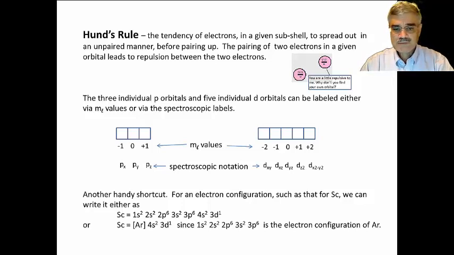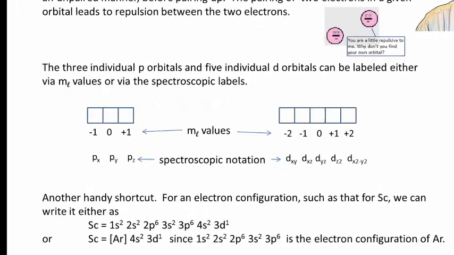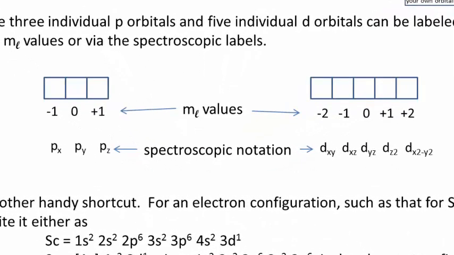So if we have a p orbital set or a d orbital set, we could have 3 unpaired electrons in a 2p or a 3p orbital subset, and we can have as many as 5 unpaired electrons in a d orbital subset. In the middle of this slide, I'll just show again that the ML values and the spectroscopic notations are alternate ways of labeling the individual orbitals. So using the ML representation, we could say we have -1, 0, and +1 ML values, or we could call these PX, PY, PZ.